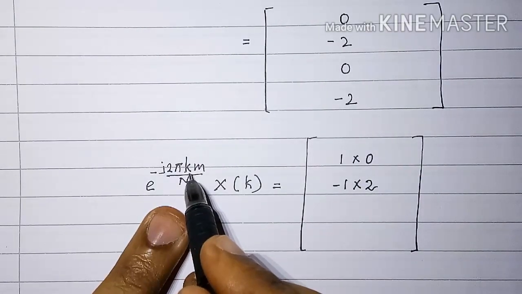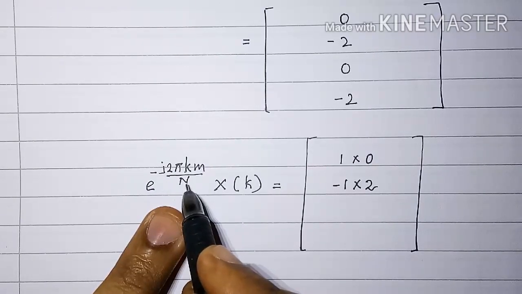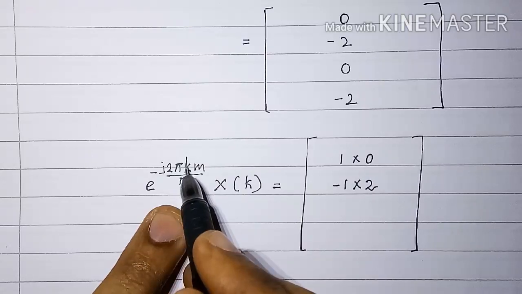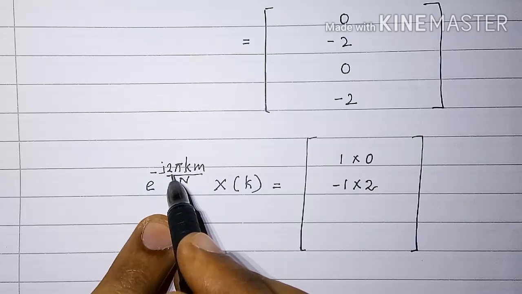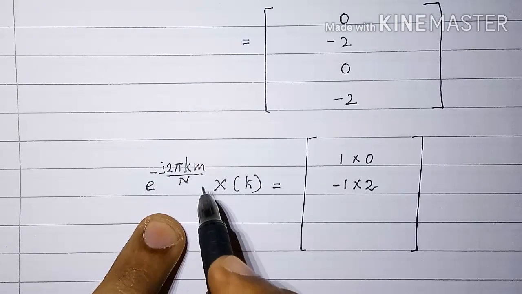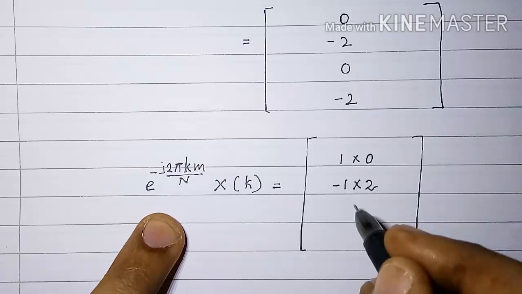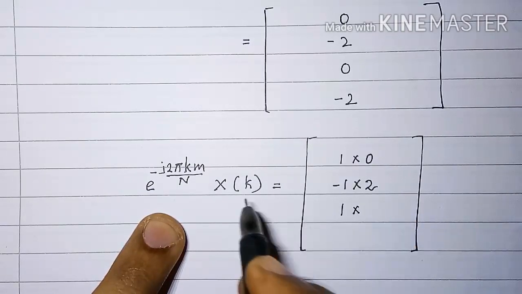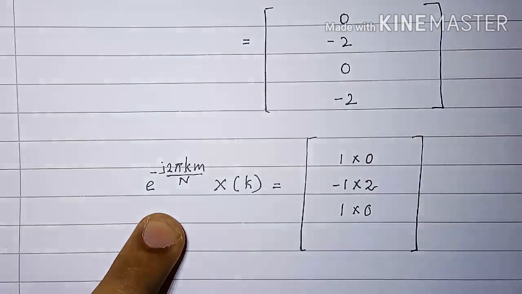For k equal to 2, m equal to 2, 2 into 4 is 8, 8 by 4, 2 pi, e raised to minus j 2 pi will be equal to cos of 0 or cos of 360, which is equal to 1. 1 into x of 2. X of 2 is 0.